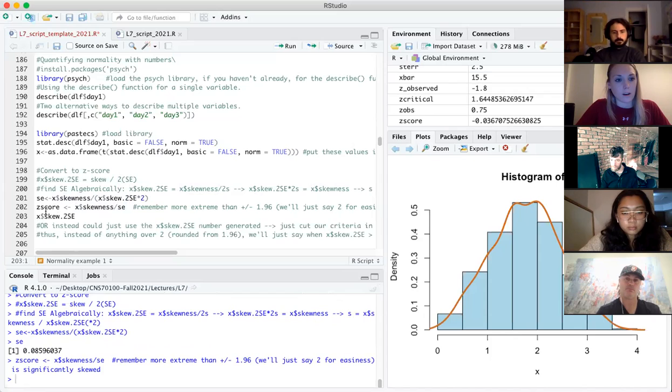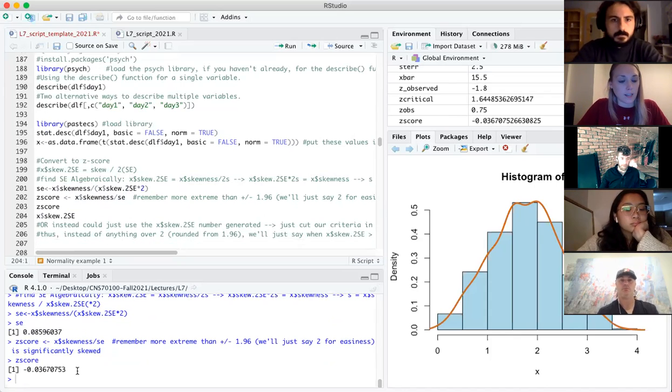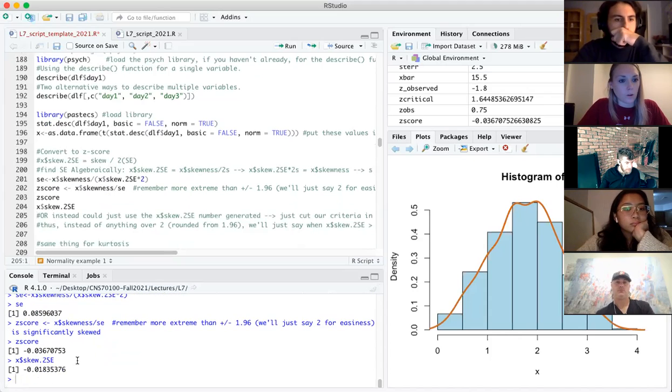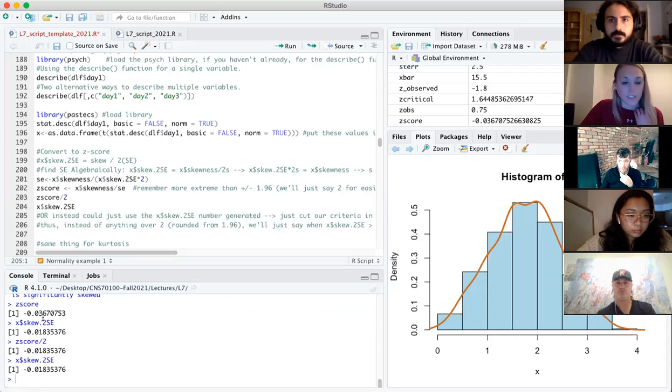So this Z-score here should equal 2, hang on. Oh yeah, divide this by 2. So the Z-score divided by 2 equals the 2 SE skew that it gives out.